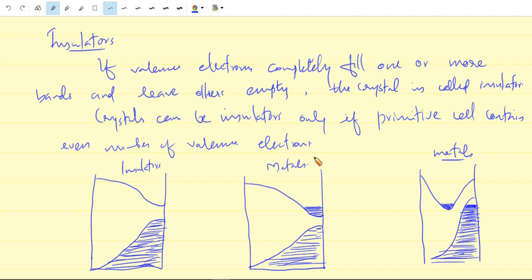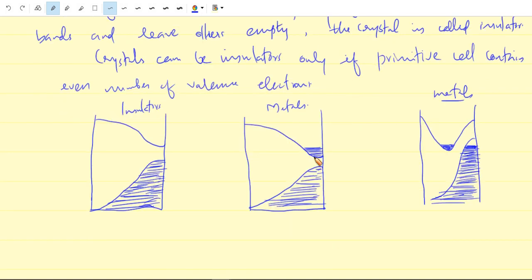This is the case of alkaline earth metals, magnesium, calcium, etc. In this case there are 2n electrons, but their bands are overlapping, so some electrons will go to the higher energy.